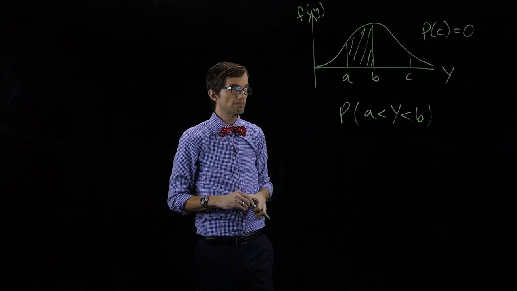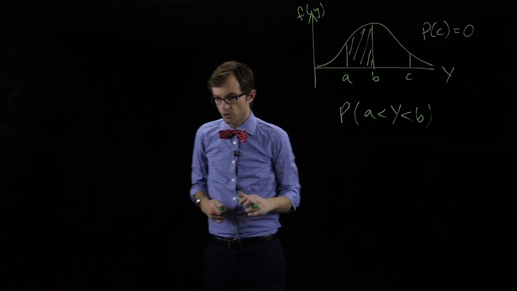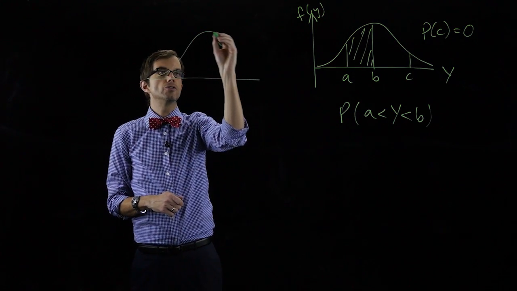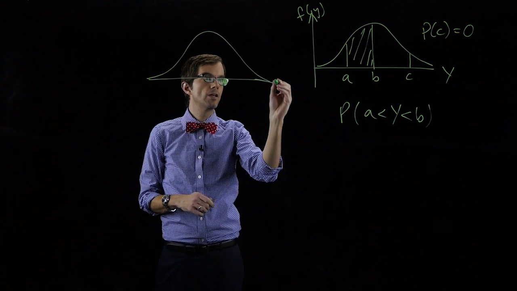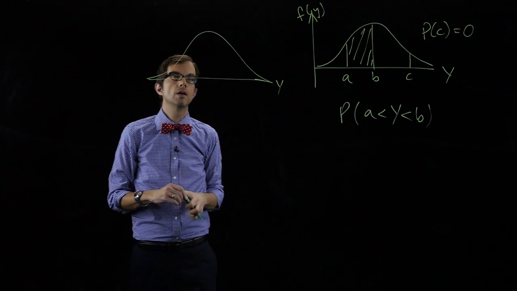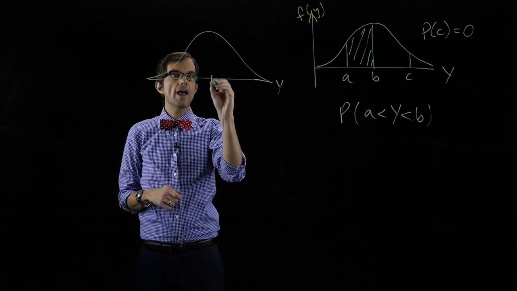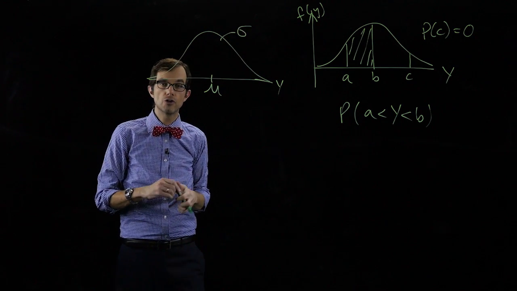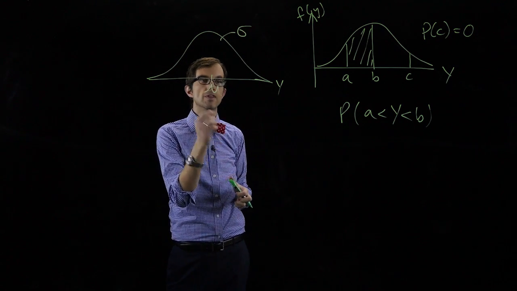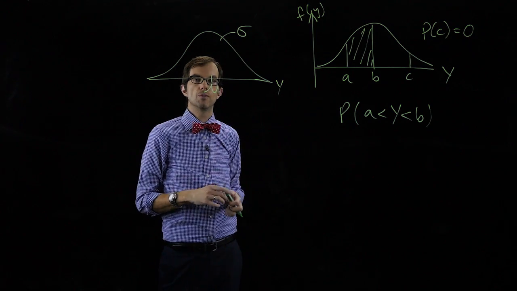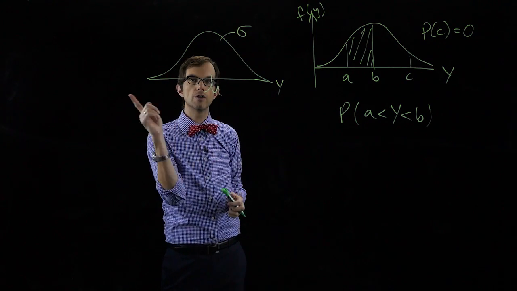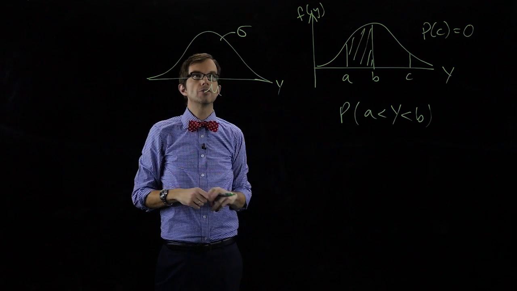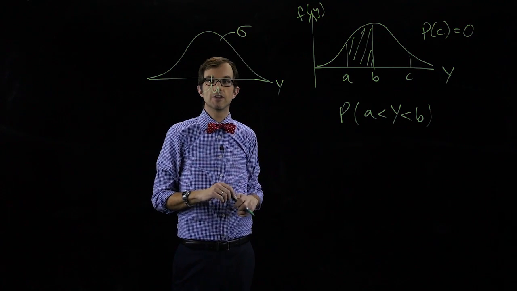Okay? And so now let's talk about the normal distribution in particular. We said the normal distribution for random variable y is centered at mean mu, and it has standard deviation sigma. So there are 2 parameters of this normal probability distribution: where it's centered along the horizontal axis, and how dispersed the data are, measured with standard deviation sigma.